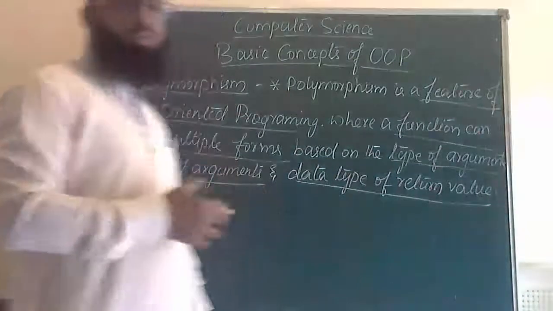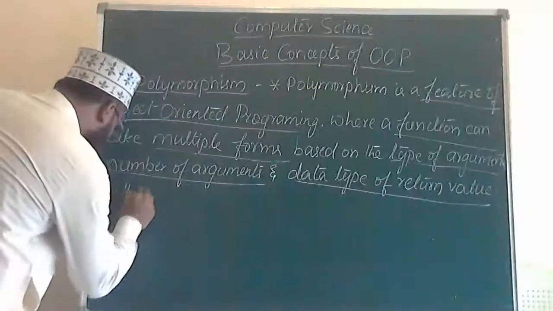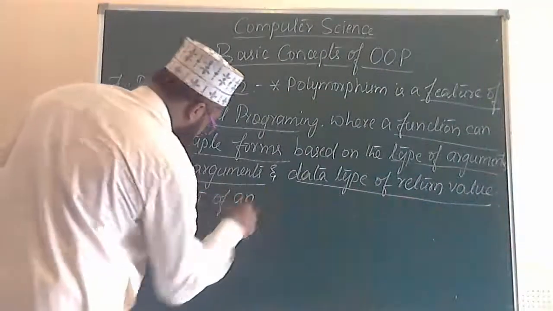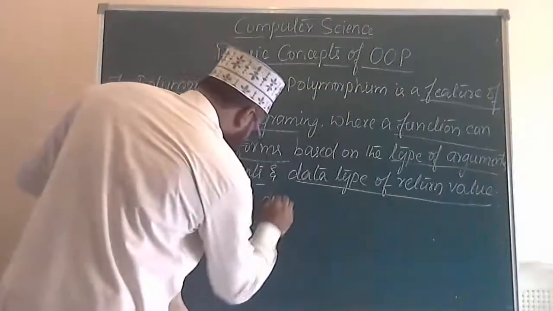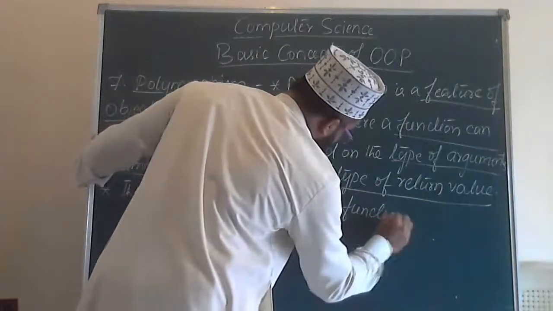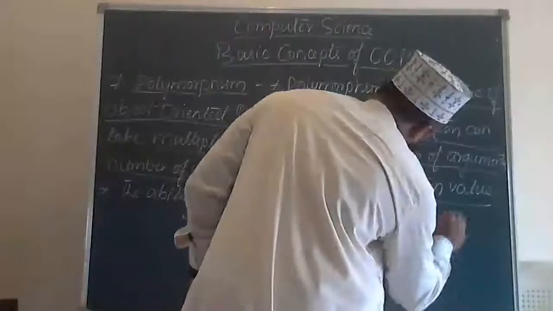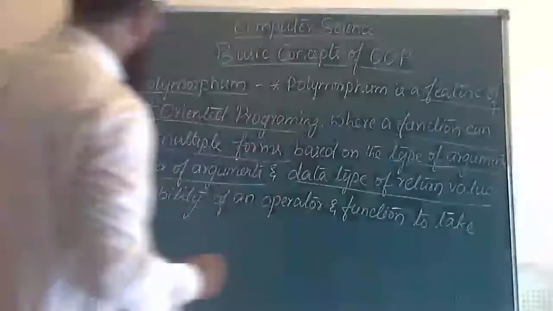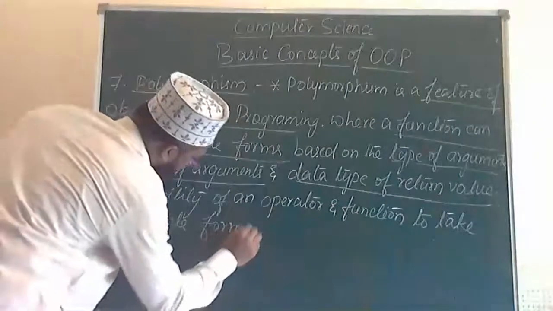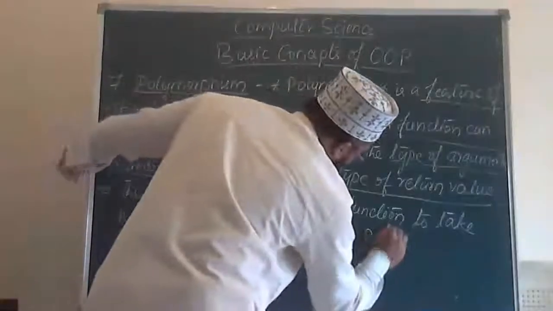Now, what actually is polymorphism? The ability of an operator and function to take multiple forms is known as polymorphism.